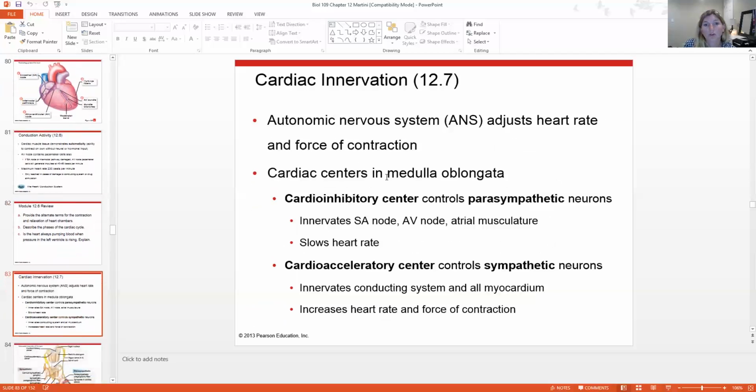Let's talk about the nerve control of our cardiac muscle. So it's all controlled through the autonomic nervous system. Obviously, we're not in conscious control of our cardiac muscle. It's basically going to adjust the heart rate and the force of contraction. So we have a cardioinhibitory pathway or center, which is dominated by our parasympathetic neurons, and a cardiac acceleratory center, which is dominated by our sympathetic neurons.